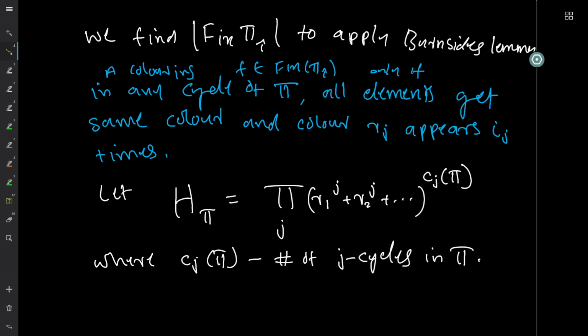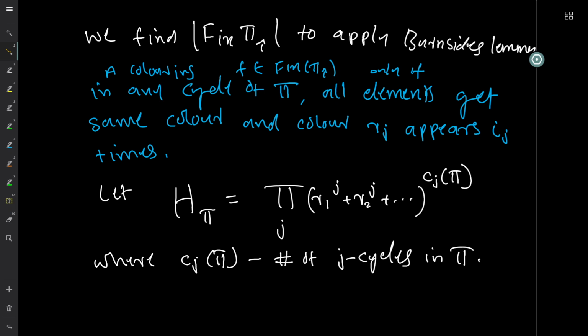Now, what does the choice of rk raised to j say? Rk is a variable which denotes the color rk. So rk raised to j says that some j cycle is colored with rk. All the elements in some j cycle are getting the color rk. Now we know that in this product, we can choose some ri raised to j exactly cj times.